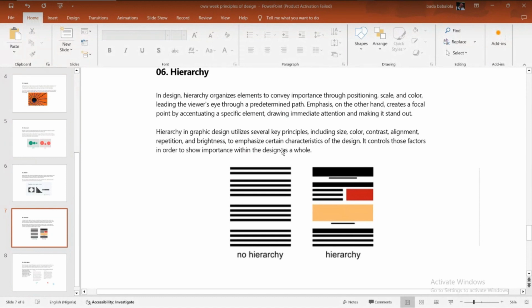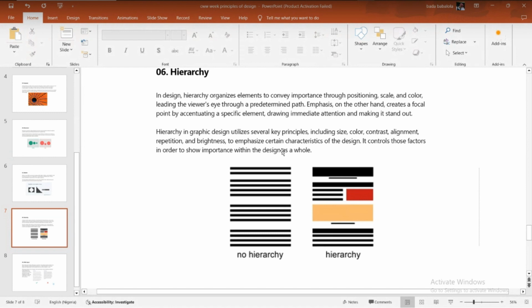So if I'm inviting you to my wedding with a wedding invitation, it will be an eyesore that the name of my daddy is taking a bigger size than my name. He is not the one getting married, I'm the one getting married. So the hierarchy and the emphasis should be on me. So you give importance to it.